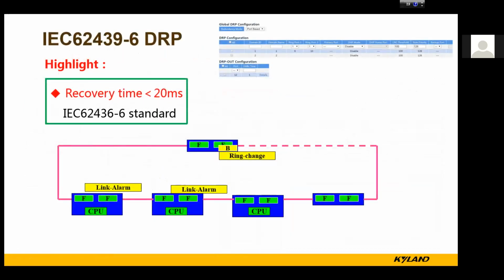The following is some introduction about our redundancy protocol, DRP protocol. DRP means distributed redundancy protocol. This is a protocol based on IEC 62439-6. And it has a highlight that the recovery time can be less than 20 milliseconds.